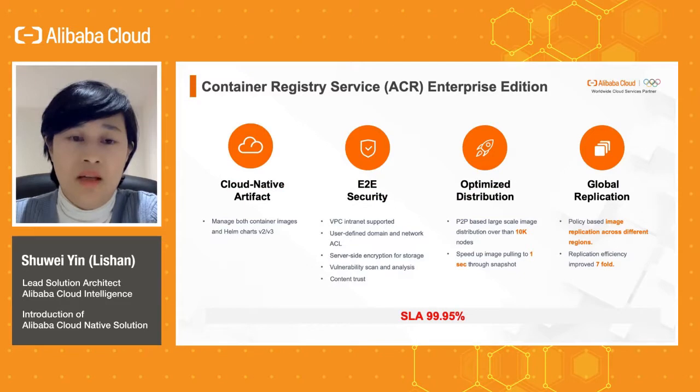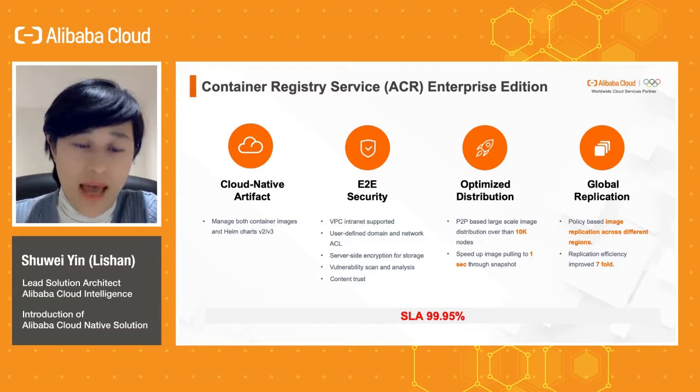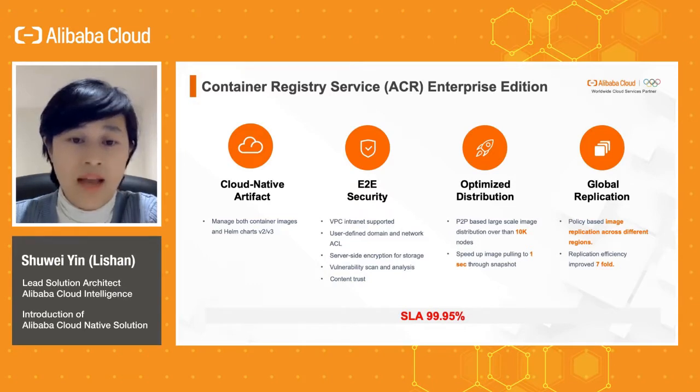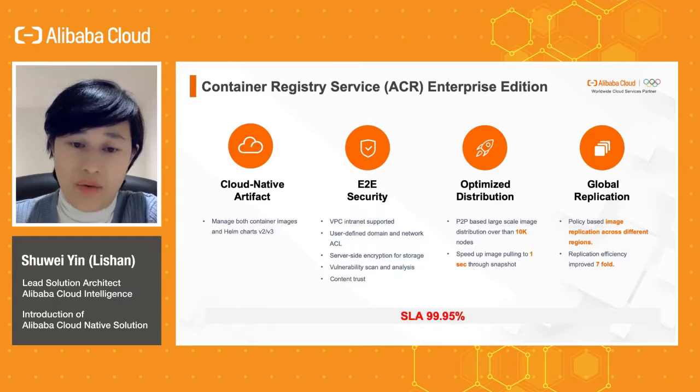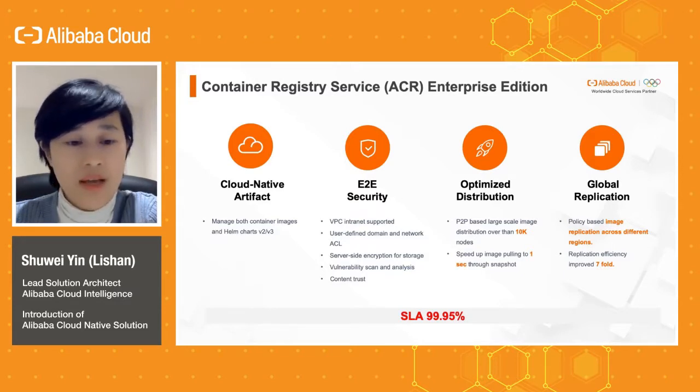ACR is the Container Registry Service. It can manage both Docker images and Helm charts. It provides end-to-end security, allowing you to pull images with a VPC internal endpoint, and you can define domains and network ACLs. It can also scan for vulnerabilities while building images.